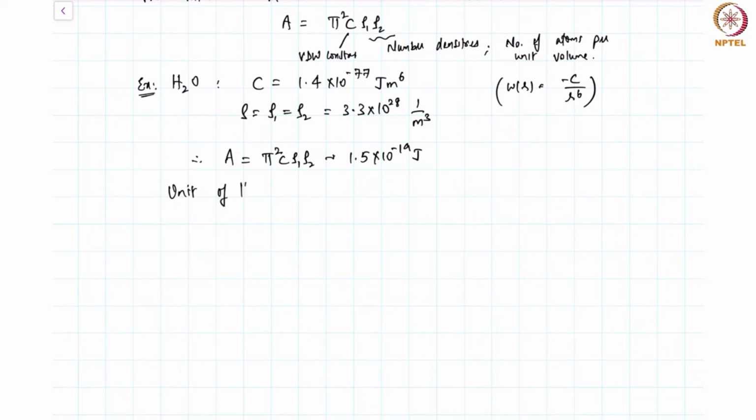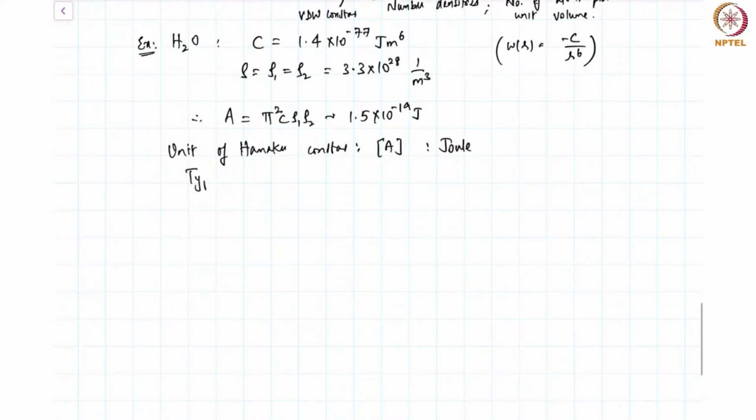The unit of the Hamaker constant is joules, and the typical value for most condensed matter, solids and liquids, varies from 0.4 to 4 into 10 power minus 19 joules.